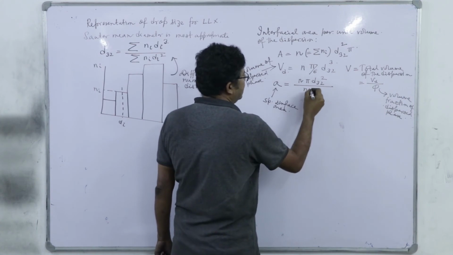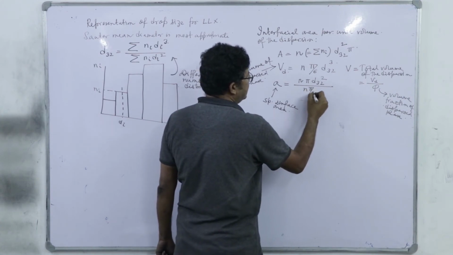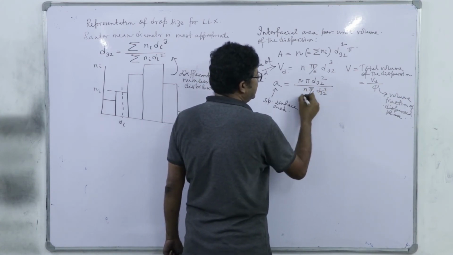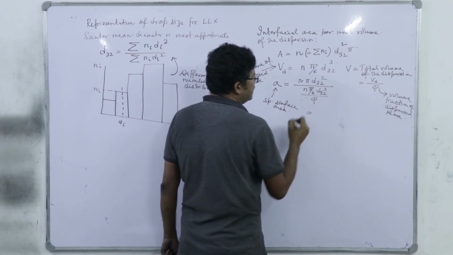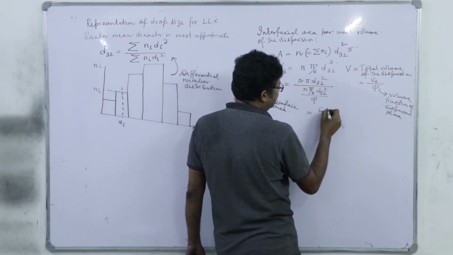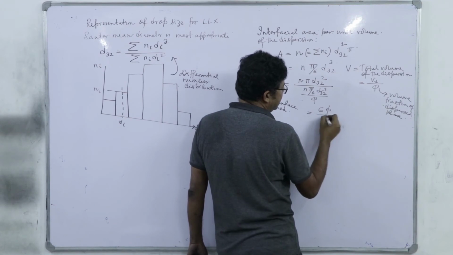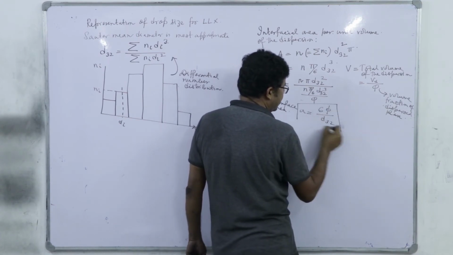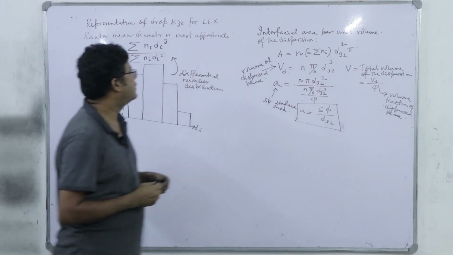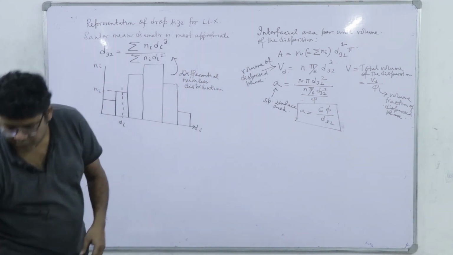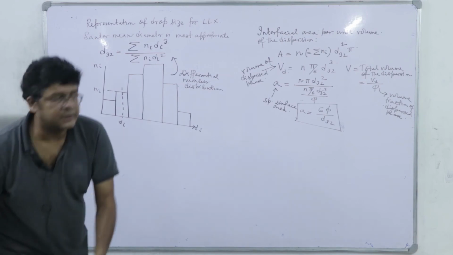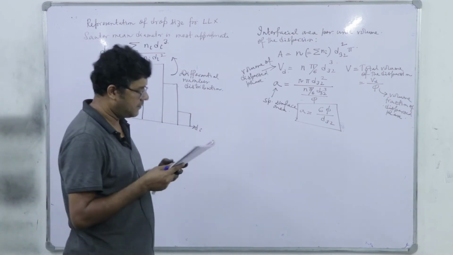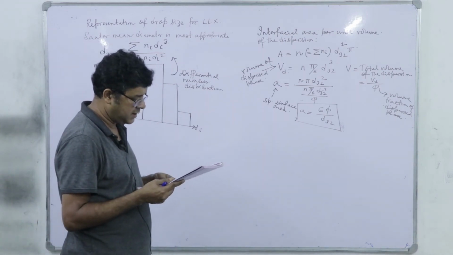So, it is n into pi by 6 into d32 cube divided by phi. So, it is going to give us 6 phi divided by d32, that is my equation. So, 6 phi divided by d32 is the Sauter mean diameter's relation with the volume fraction and the interfacial area.